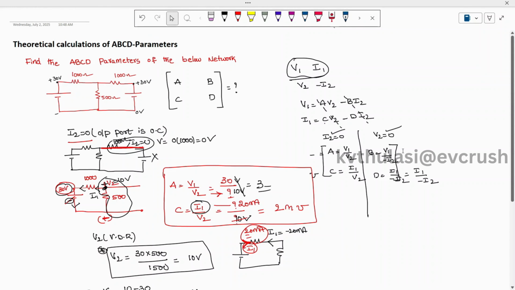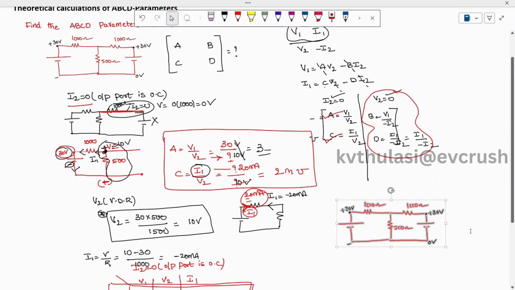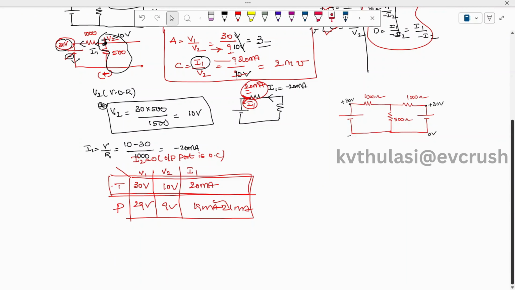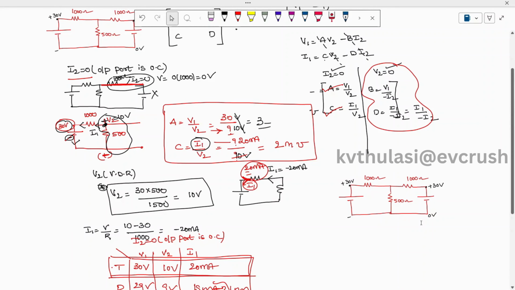Now let us try the second step. We successfully found the values of A and C, and now let's try to find these two values. I'm copying the same circuit for clarity. For this given circuit, we need to find the calculations.